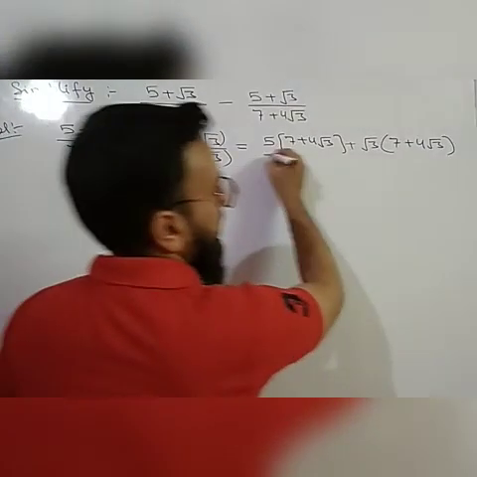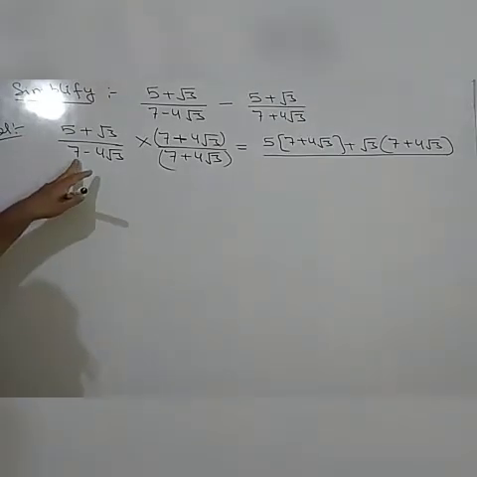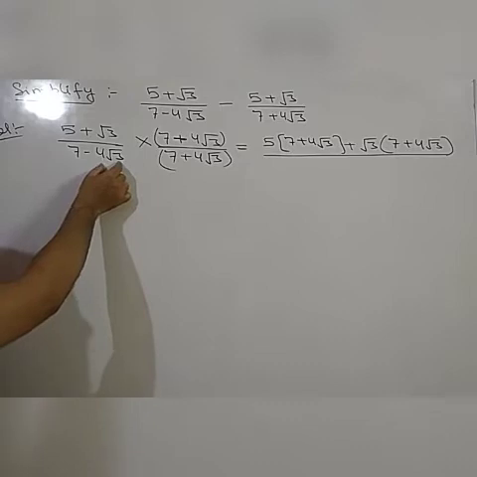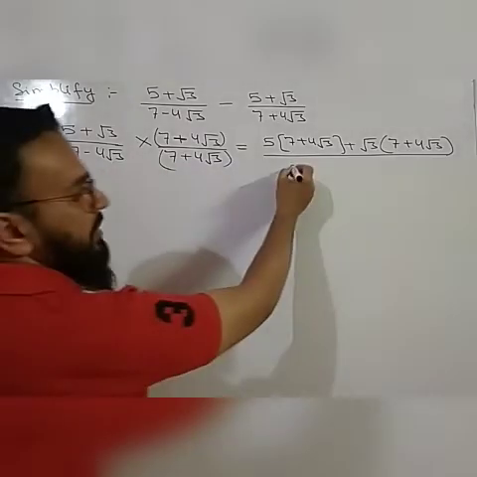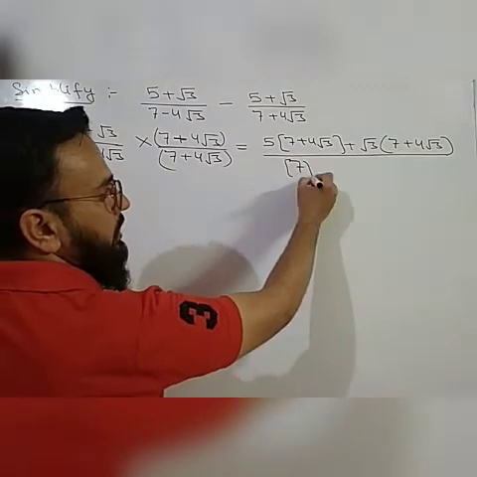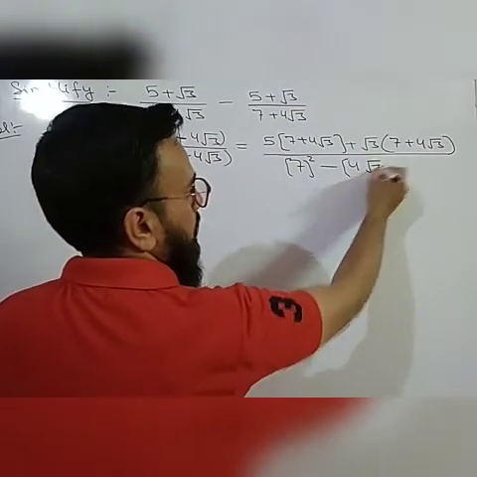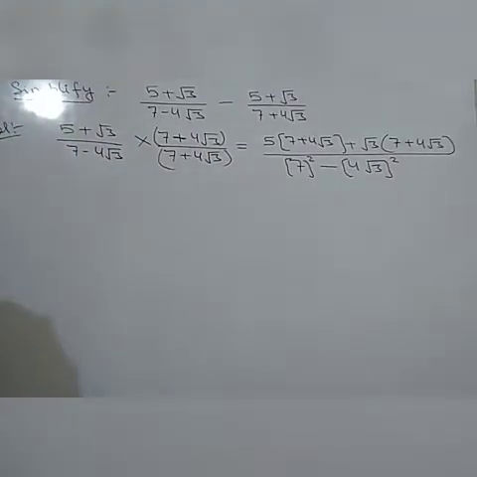Now in the denominator, we can consider 7 as a and 4 root 3 as b. So it is (a minus b) and (a plus b). It will be a square minus b square, that is 7 square minus 4 root 3 whole square.